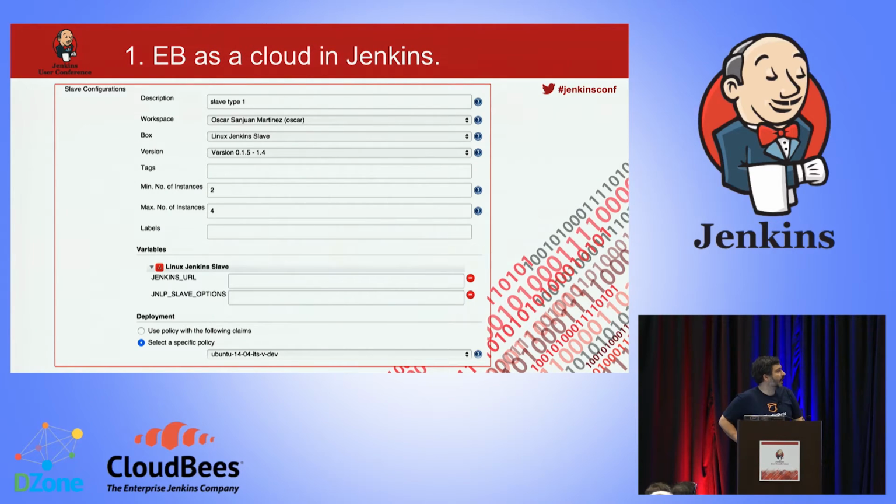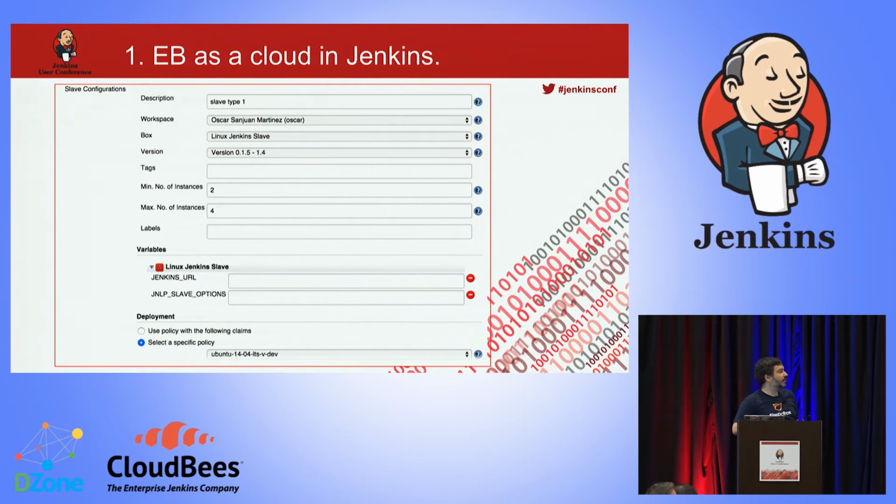So once we have set up our connection with Elasticbox, we can define the slaves. We're going to go deeper into this later, but let's just take an easy look. Basically, for the slave, what you're going to do is select where you want to deploy that slave inside Elasticbox. That's what we call a workspace. That is basically a grouping mechanism.